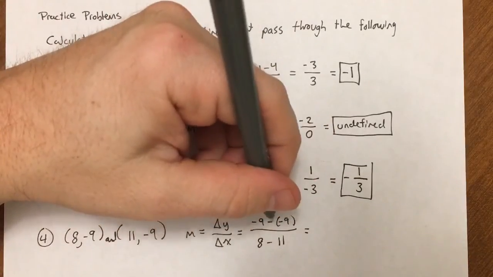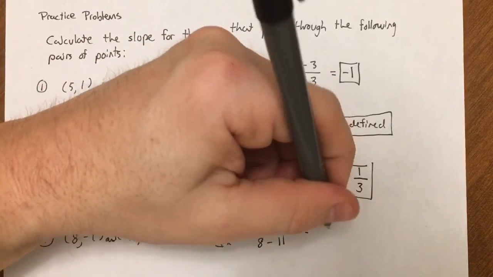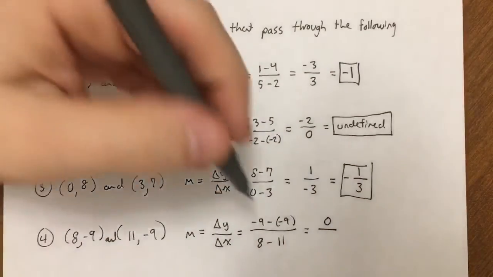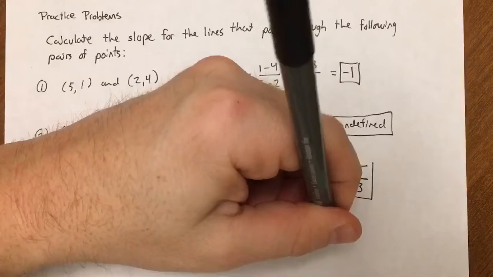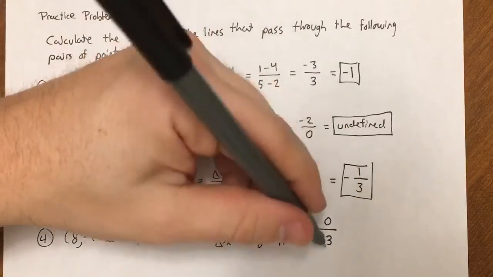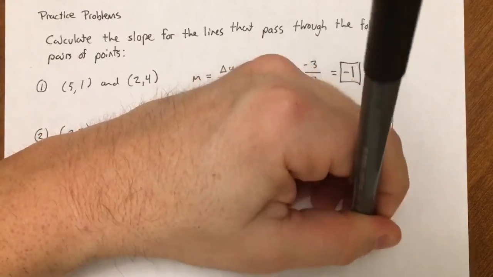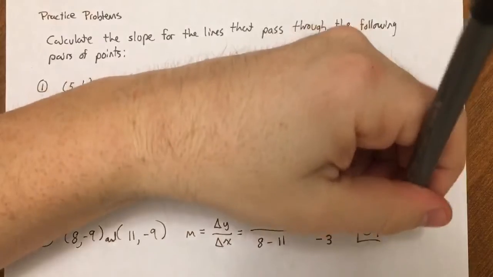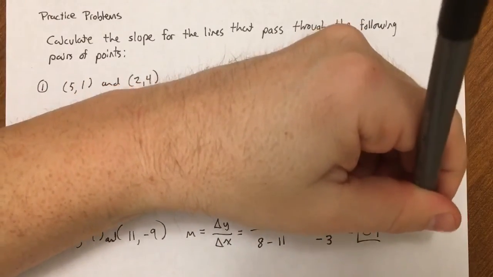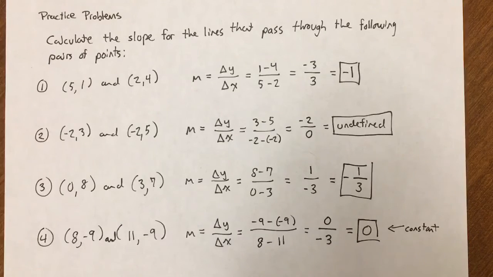Negative 9 minus negative 9, well, keep, change, flip, that would give us a result of 0 on the top, and then 8 minus 11 gives us negative 3. Well, 0 divided by any number will always be 0. So we end up getting a slope of 0 for this one. Anytime you have that, that's always going to be a constant slope. That is referring to just a flat line, a horizontal line.